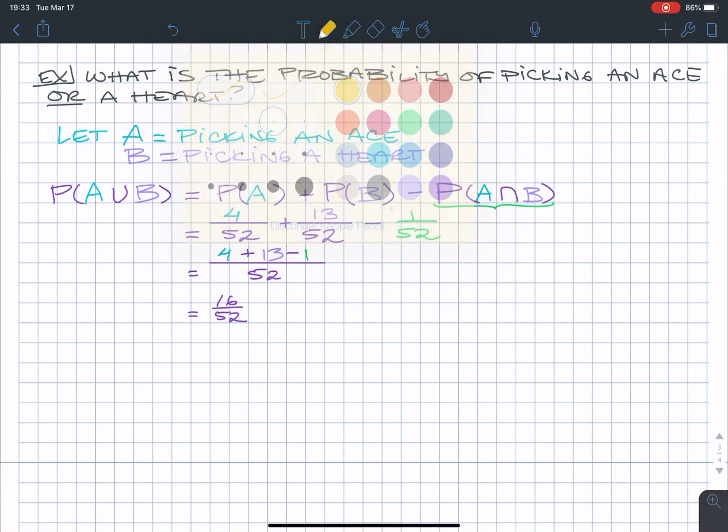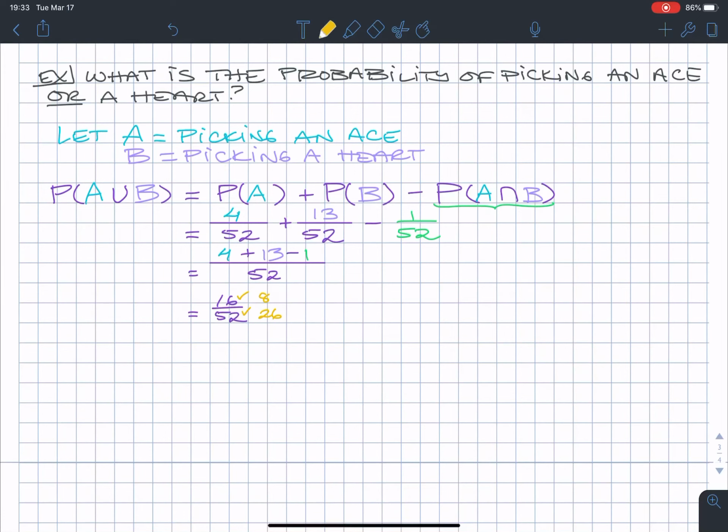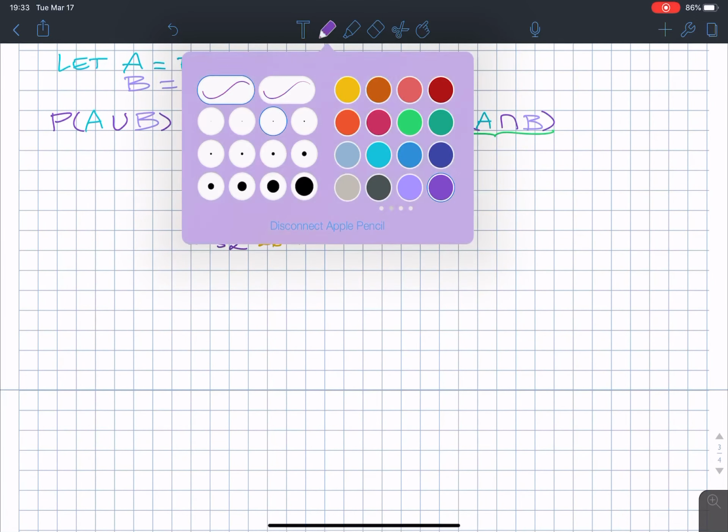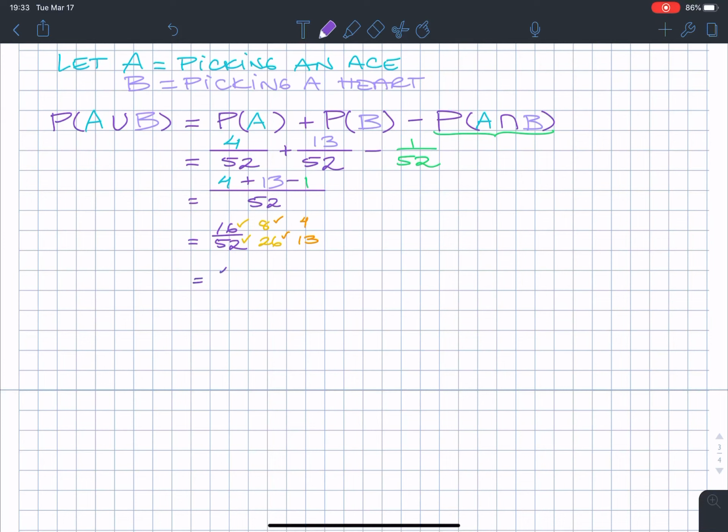Okay, now we can go ahead and reduce. So 2 goes into 16 8 times, and it goes into 52, 26 times. So that's going to reduce again. 2 goes into 8 4 times, and 2 goes into 26 13 times. So interesting, it's over 13 again. So we have 4 out of 13 as the probability. So I hope this makes sense.